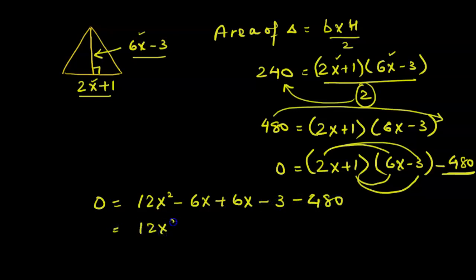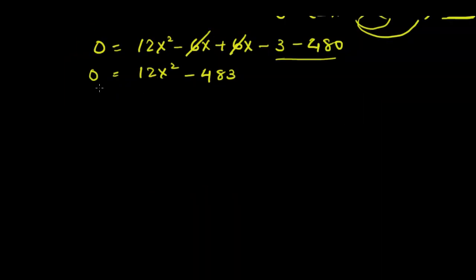Finally we collect the like terms. Minus 6x and plus 6x cancel out because they are the same terms with opposite signs. And we collect minus 480 and minus 3 to get negative 483. Now this equation is equal to 0.